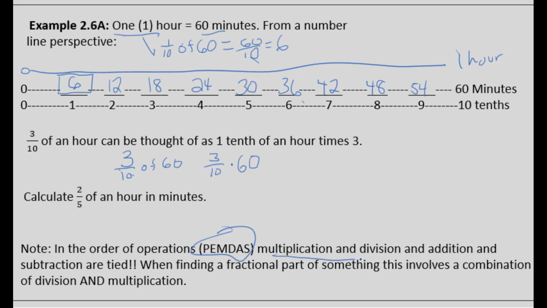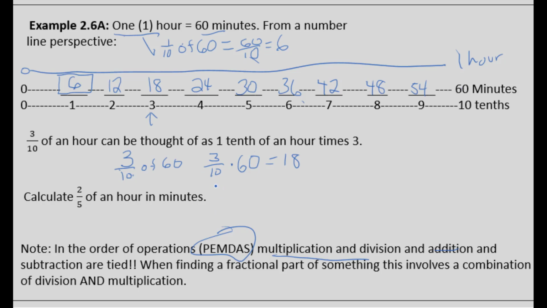Multiplication and division and addition and subtraction are tied. It means you can do either one first. So I'm just going to go 60 divided by 10 is 6. 6 times 3 is 18. And that matches what we have here. So if I didn't have a number line, I could do that.